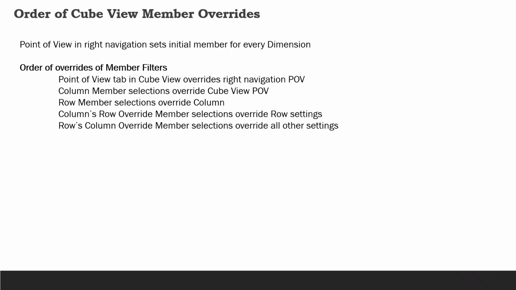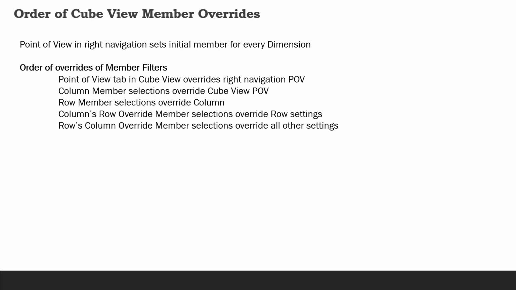Now, most important is the order of CubeView members override. Point of view in the right navigation sets the initial member for every dimension, as we have seen in the first slide itself, like cube POV, which is the initial setting for cube views and which is different for everyone. Now, what is the order of overrides of member filter?